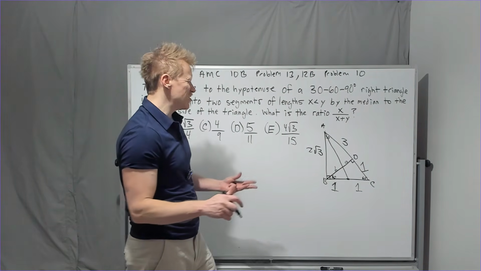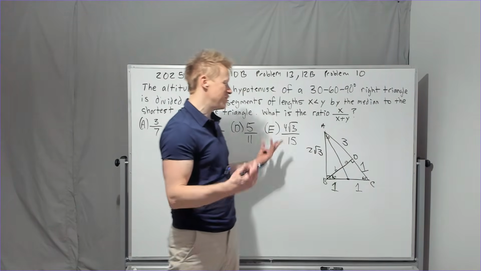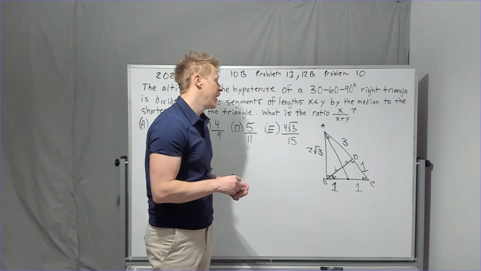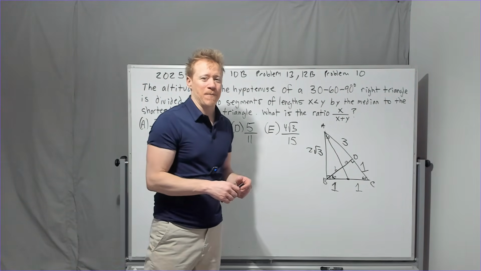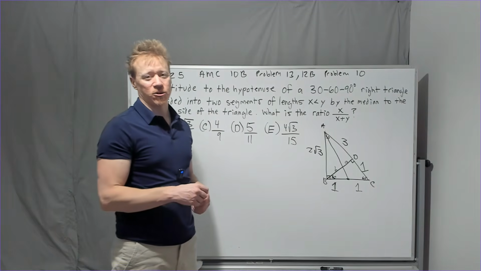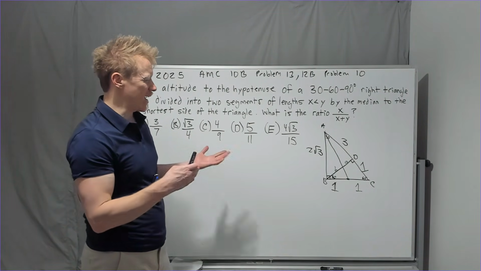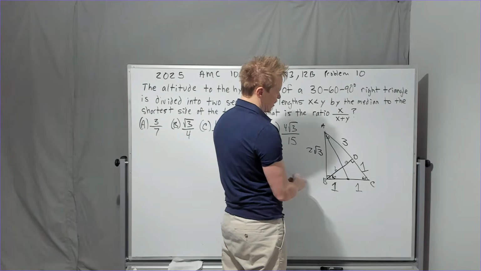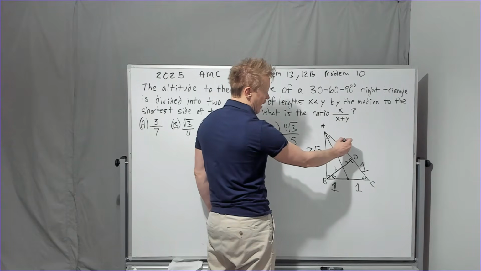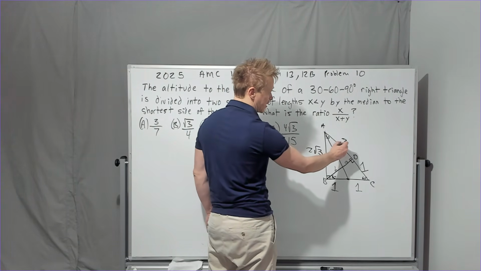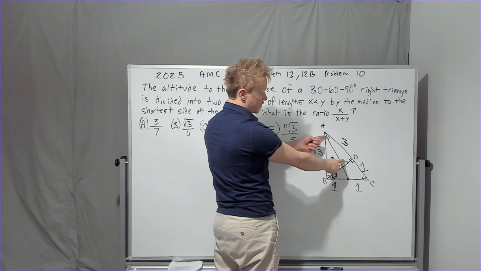And you go again, is there some property? You really want there to be a property for altitudes and medians, and maybe there actually is one, by the way. It could be like an Euler's line type thing where you get the centroid, circumcenter, and orthocenter relationship. But you kind of try some things out. You're like, okay, I've got 90 degrees here, and I know this is 3. I even went so far as to try, I'll write this piece right here in terms of a and 3.